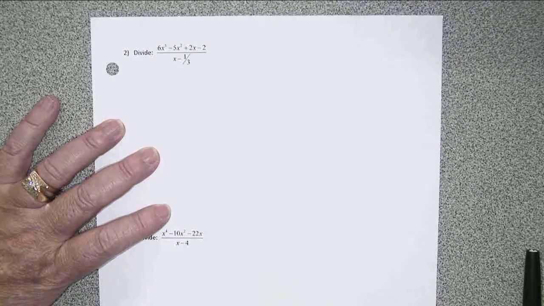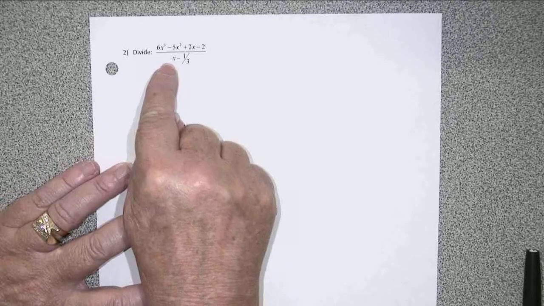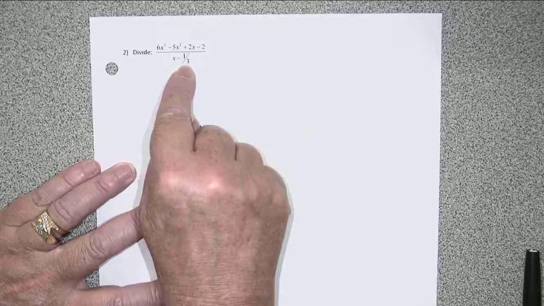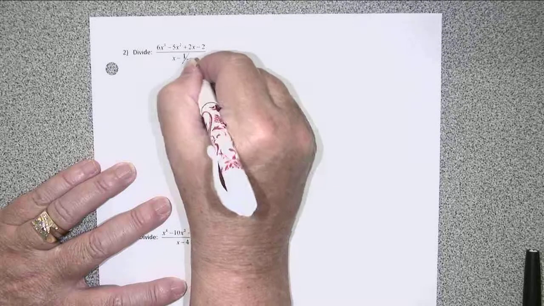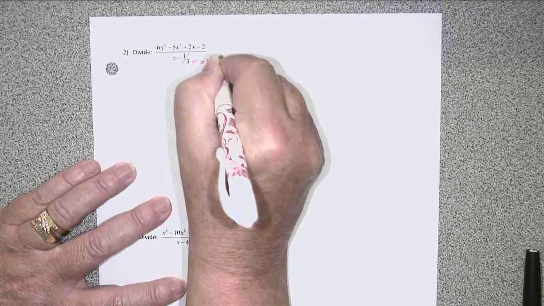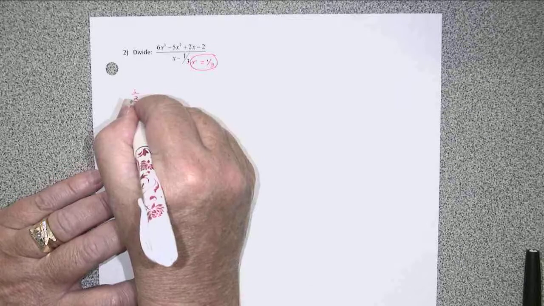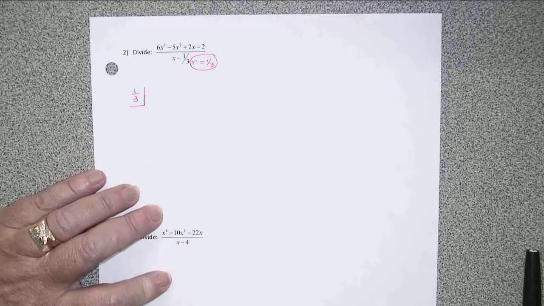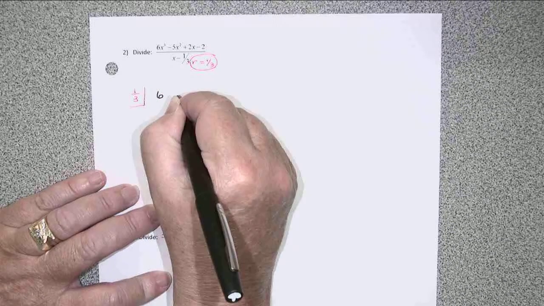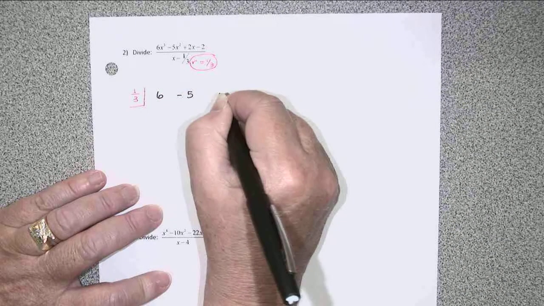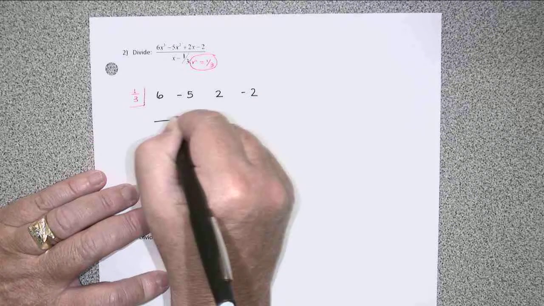Here, x minus r is on the bottom, and it looks like it's the correct form. I just have 1x. And the r is going to be the 1/3 this time. It's already got the minus. So I'll put my 1/3 in my little box. And then my coefficients. 6, -5, 2, -2.